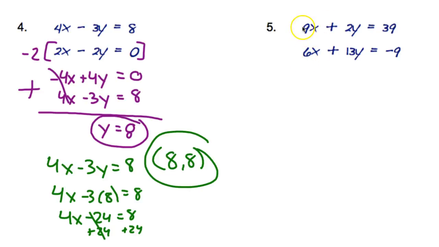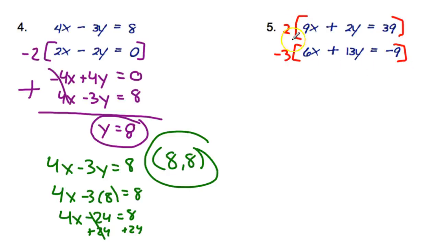So I can get 18s on both of them. So what I'm going to do is multiply the top one by 2, and the bottom one, because 9 times 2 is 18, this needs to be -18. So 6 times 3 is 18, so I'll multiply the bottom by -3.